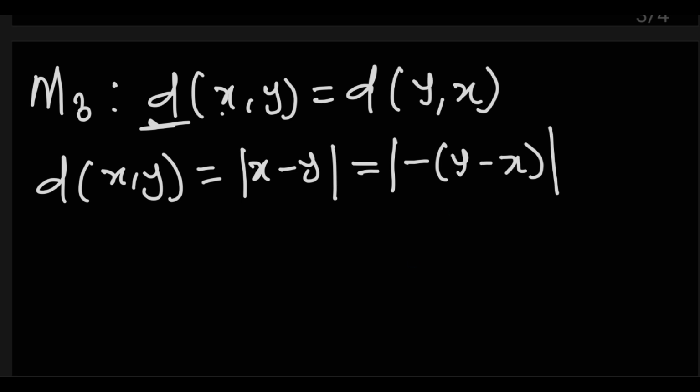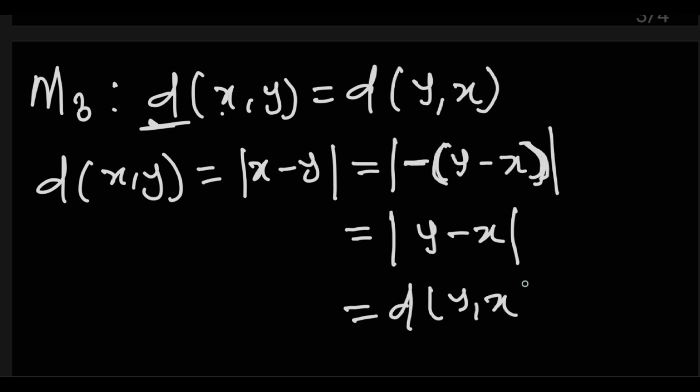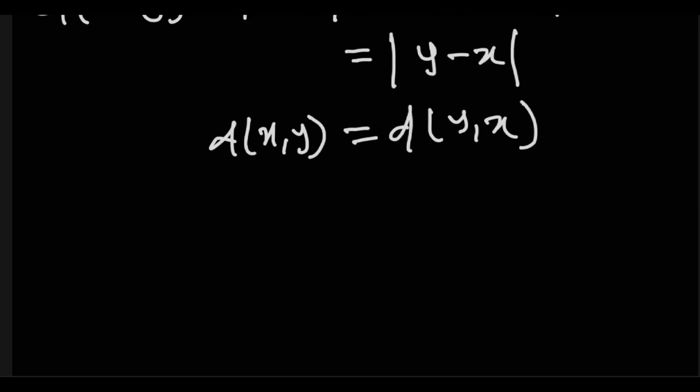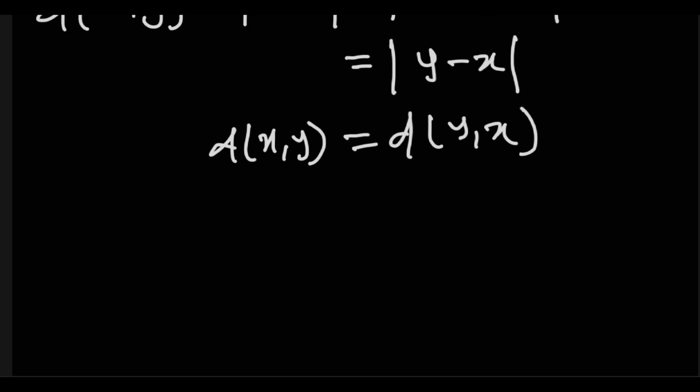When you have a negative inside an absolute value, it becomes positive. Now instead of x, you have y here, and instead of y, you have x here. So this implies d(x,y) is equal to d(y,x). So the axiom is settled.